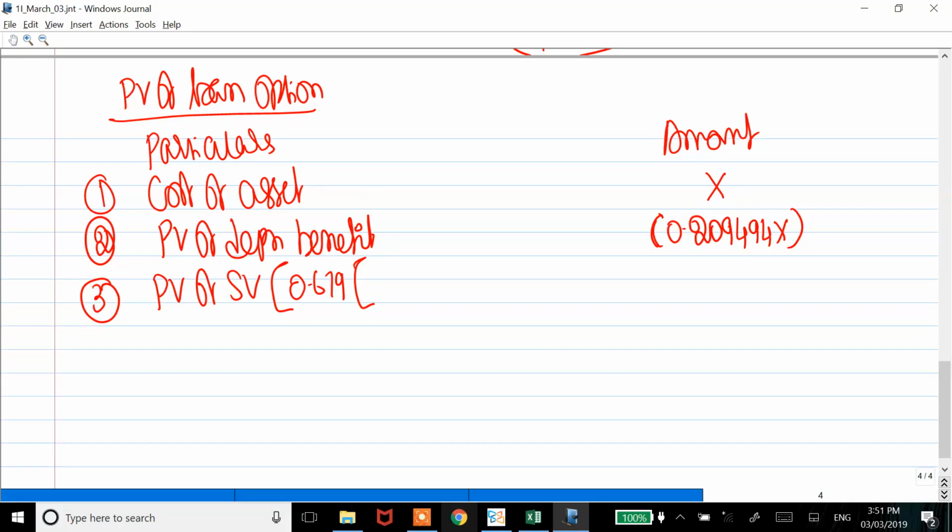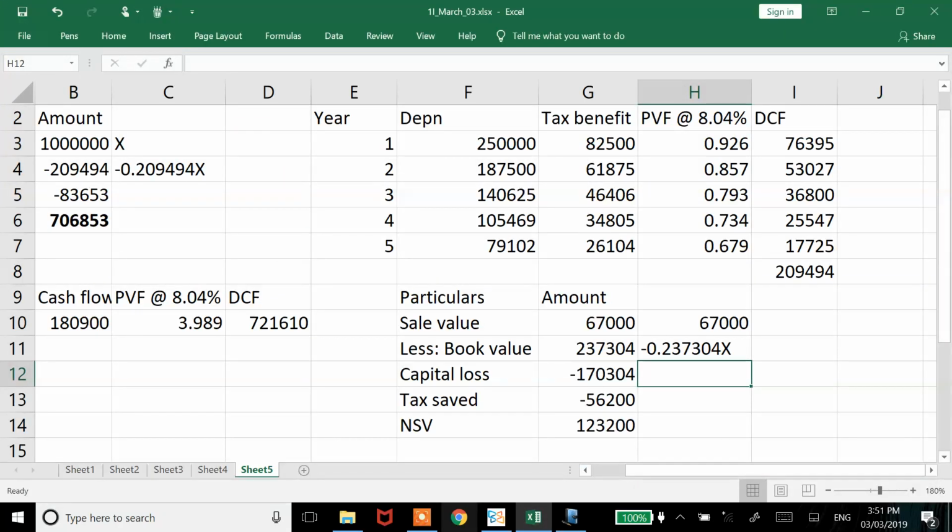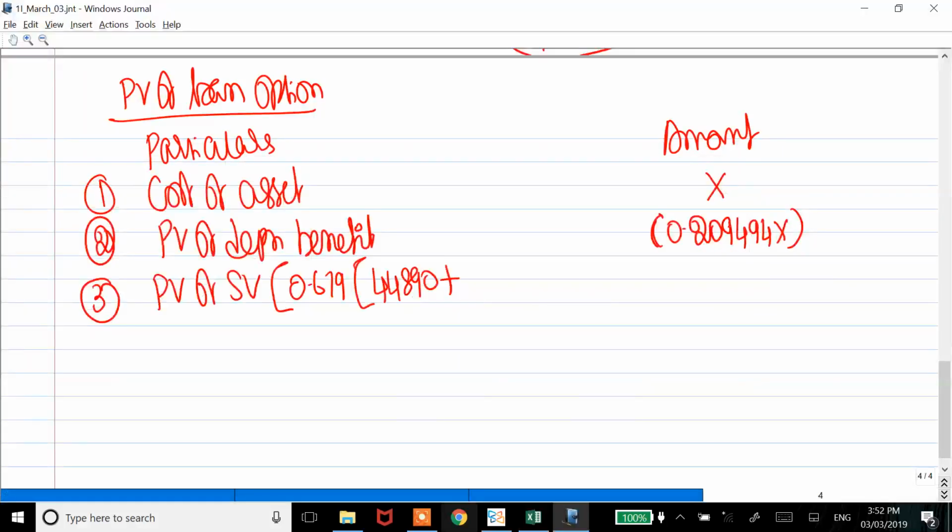I'll use that short way: 67% of sale value, which is 67,000, plus 33% of book value, 0.237304.